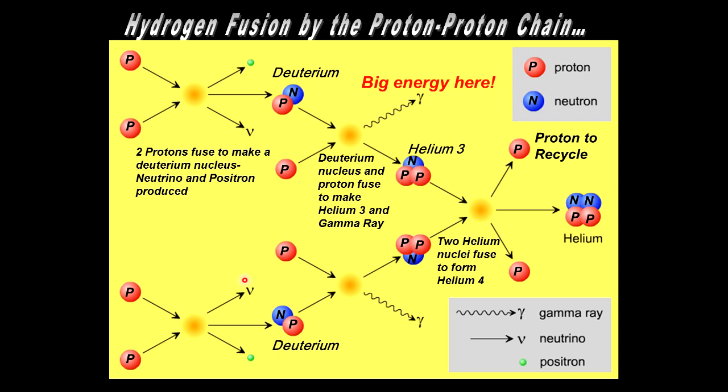Well, this has been going on on this side as well. So now we have two helium-3 nuclei, and they have the ability to fuse together to make a helium-4, two protons and two neutrons, and split off 2 protons to be recycled once again.